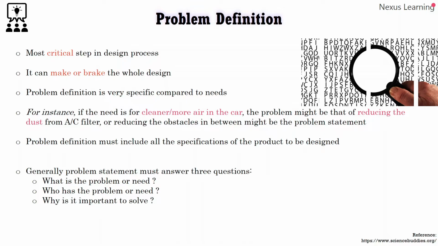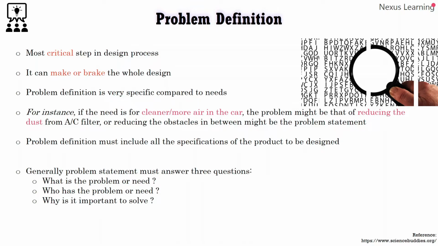So for instance, if the need is for cleaner air in the car, the problem might be reducing dust from the AC filter, and reducing the obstacles in between might solve the problem. The problem definition must include all the specifications of the product to be designed.